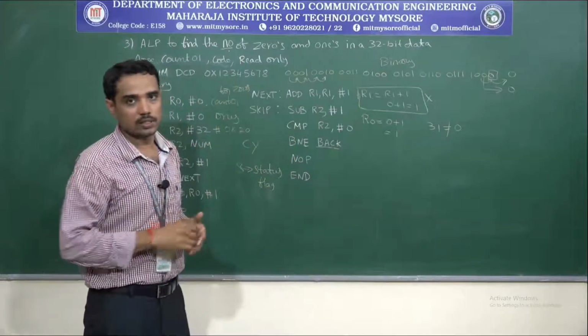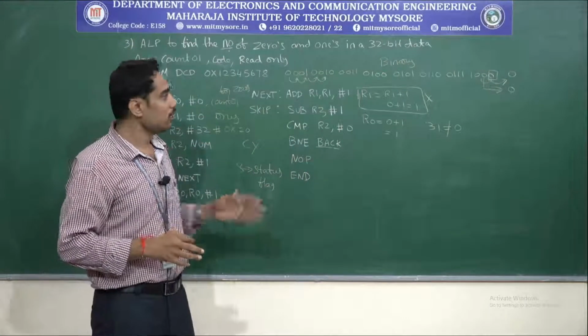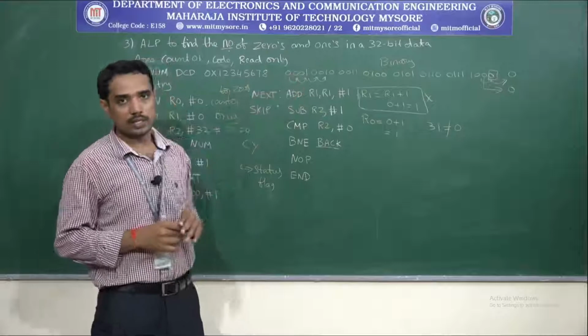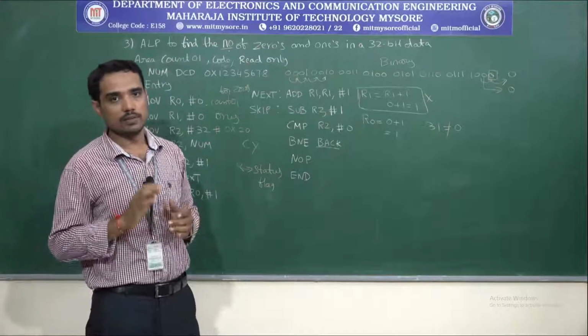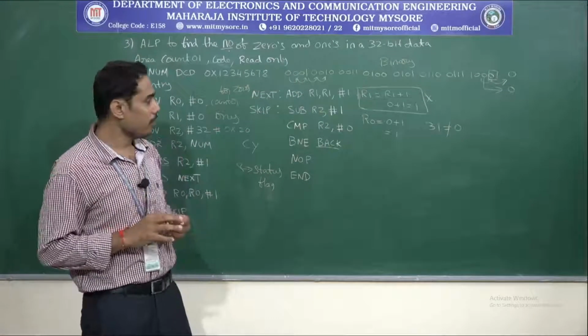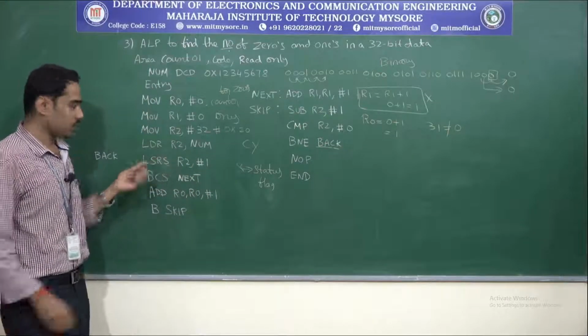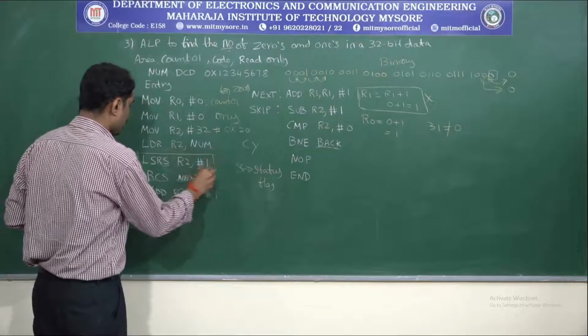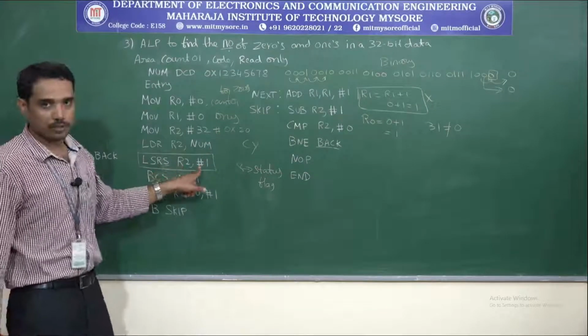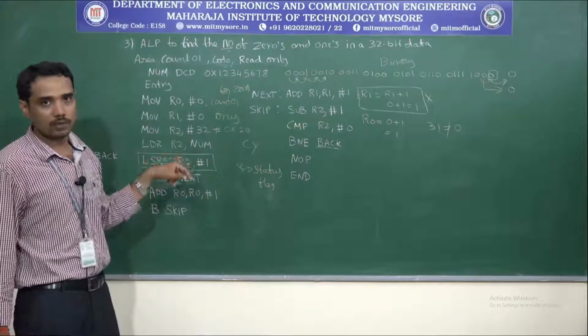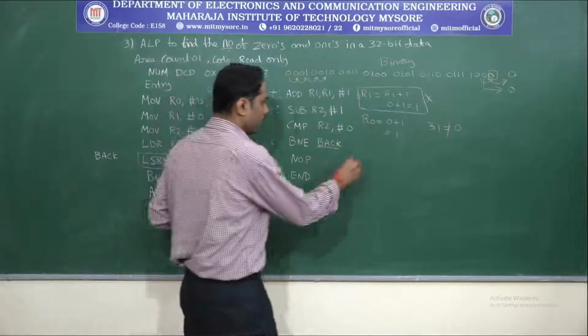Like that the process repeats till all the 32-bit data is checked individually for ones and zeros. And with respect to the instruction LSRS R2 comma hash 1, we can have an alternative instruction, that is ROR.